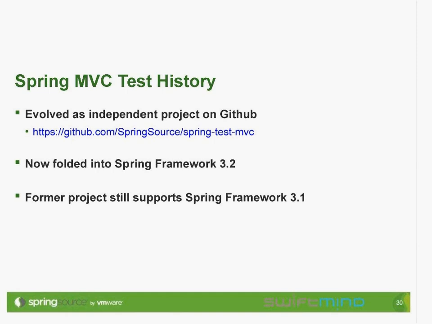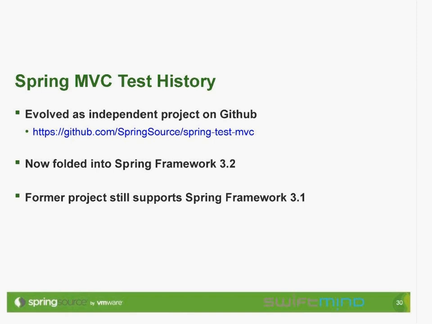But this support, the Spring MVC testing support, actually evolved as a standalone independent project on GitHub, and you will see the link provided here on this slide. That project developed before 3.2 became available, and it is still available, actually.